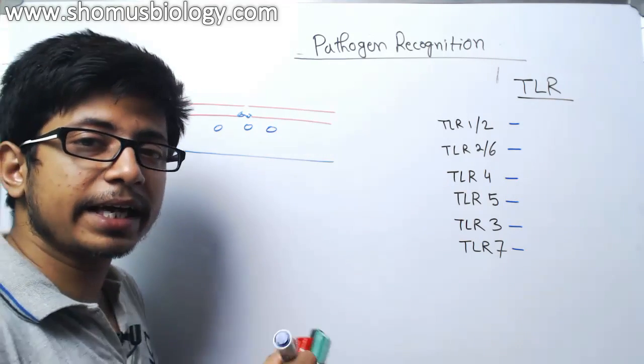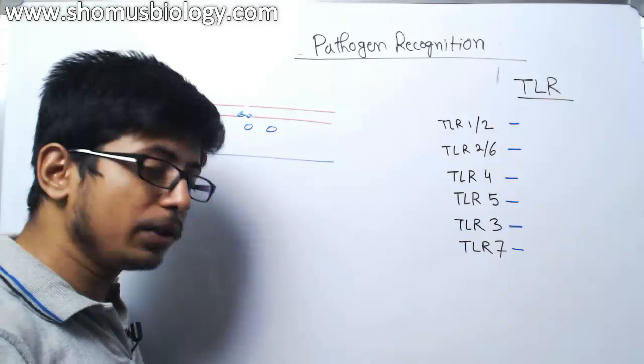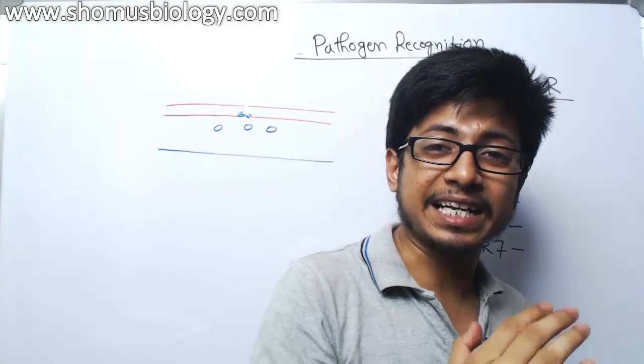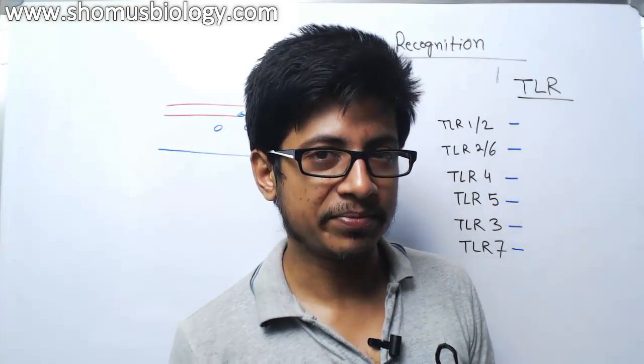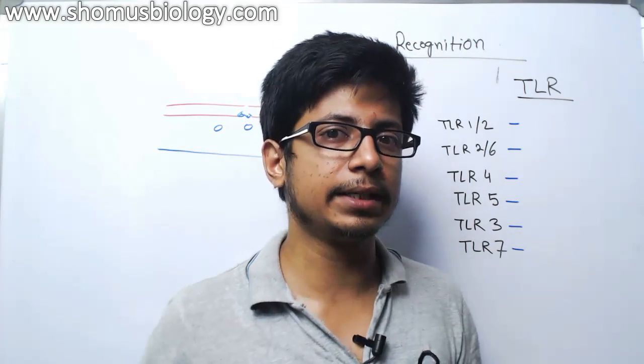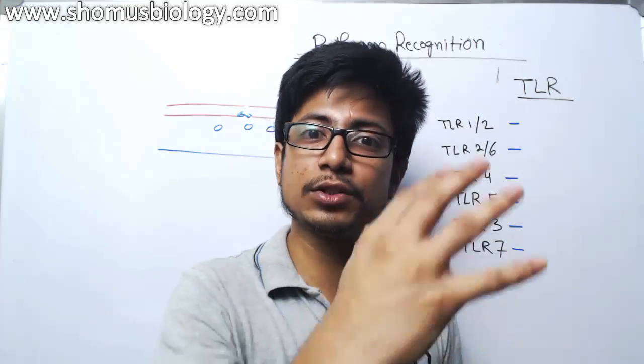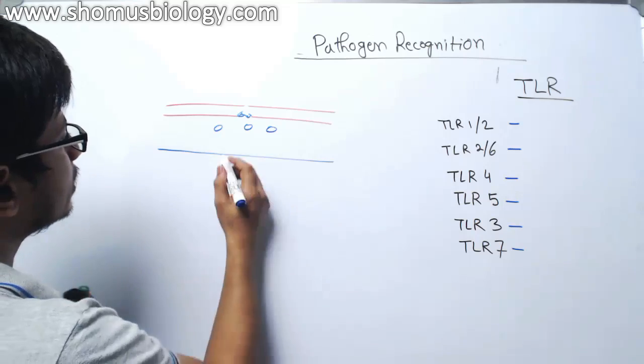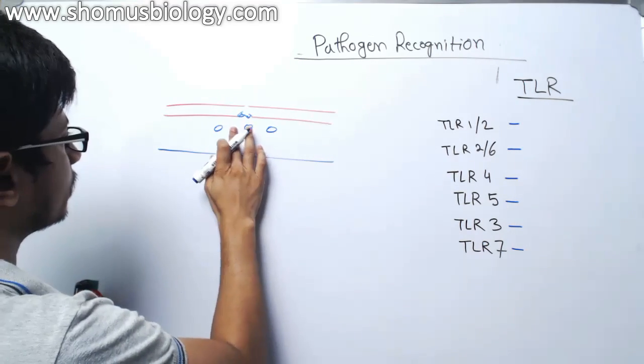Now as bacteria take entry into the tissue, we know our body is always prepared to fight against infections, and that is known as innate immunity. There are cells circulating in the tissue and bloodstream to fight against infective agents.